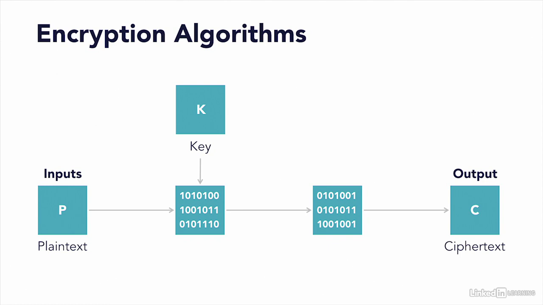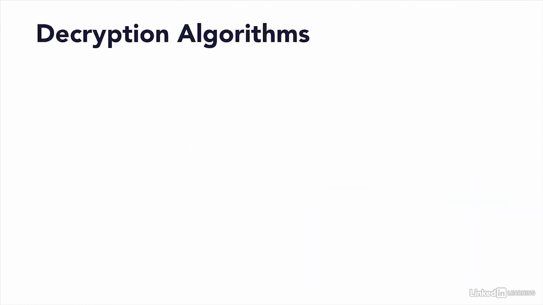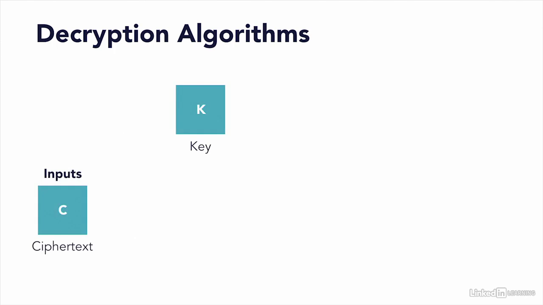When you do need to reverse the encryption operation and access the original data, you do so using a decryption function. Decryption functions also have two inputs, the encrypted message, otherwise known as the ciphertext, and the decryption key. The function then uses the decryption key to follow another series of complex mathematical steps on the ciphertext message.